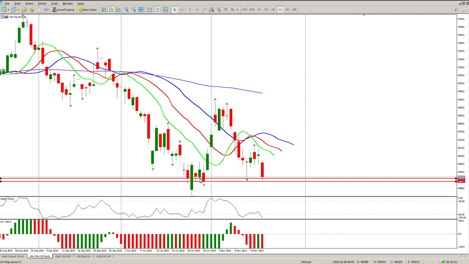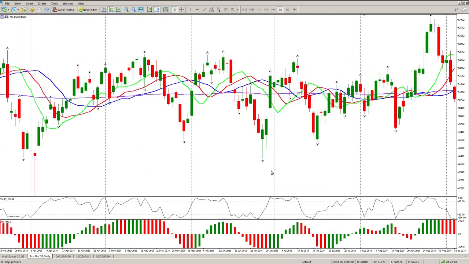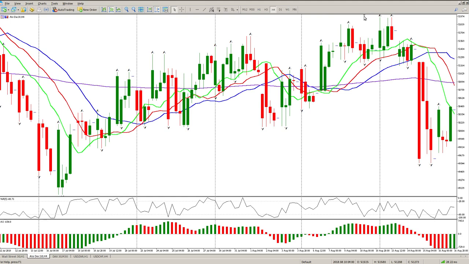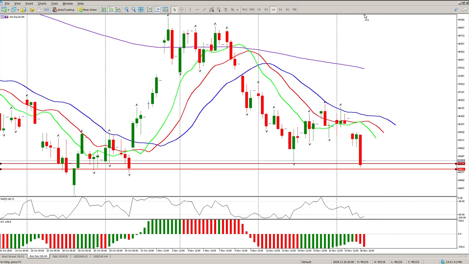So this inside tail. We did pop below it, but we are in an area where buyers are stepping in. So I would expect us to bounce up today, but whether we're going to continue to the upside is another story.